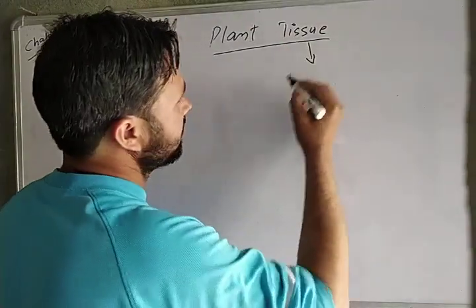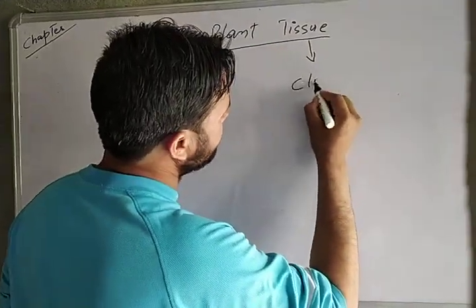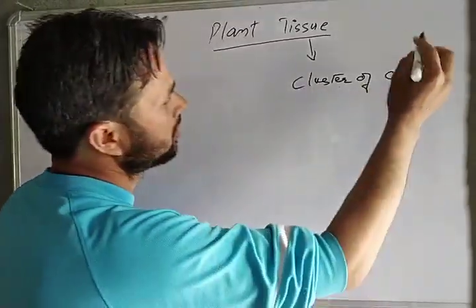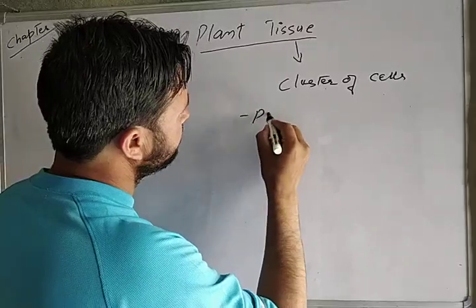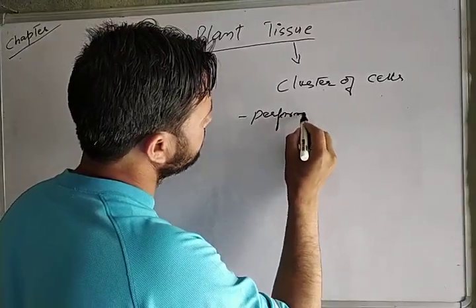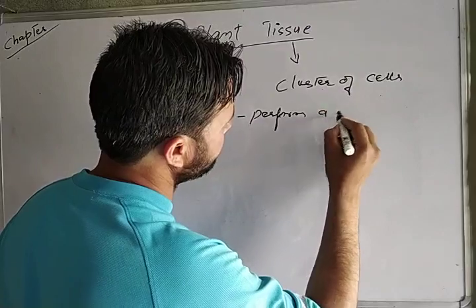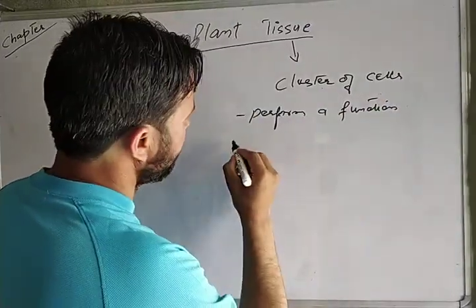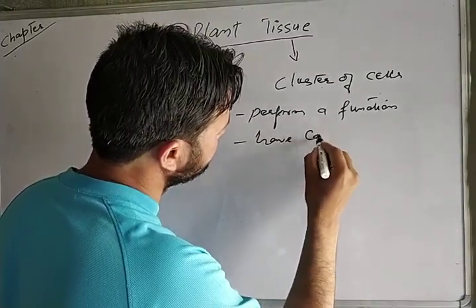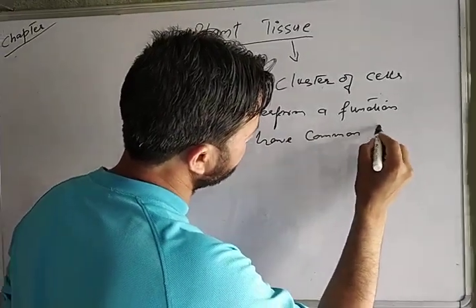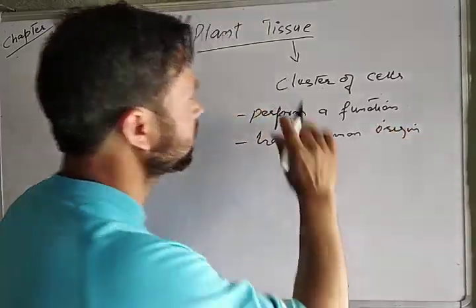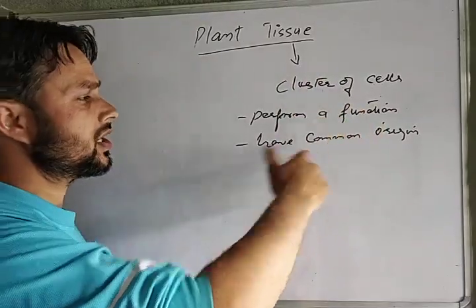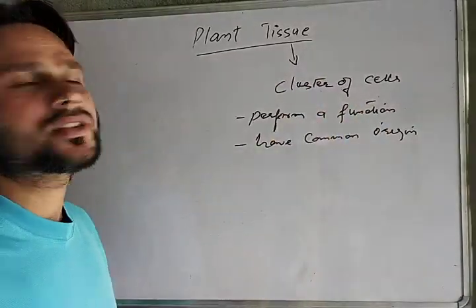So tissue can be defined as a cluster of cells which perform a similar function and have a common origin.